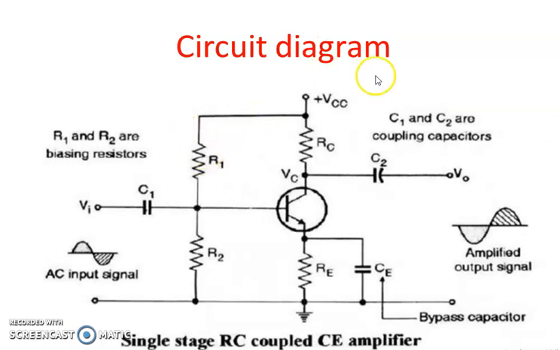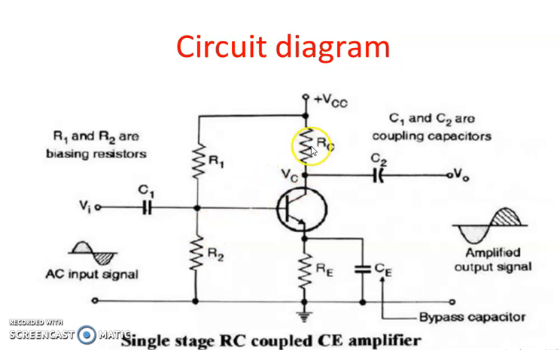So this is the circuit diagram of an RC coupled amplifier. Here the main component is the transistor. The transistor is biased in CE configuration. Here R1 and R2 are known as voltage divider resistors, which I will define later.